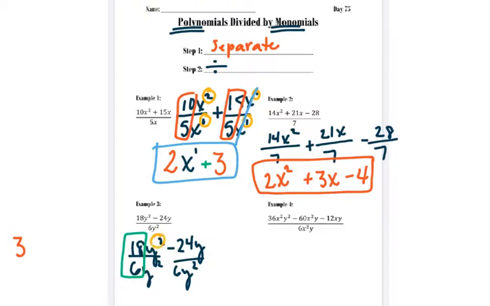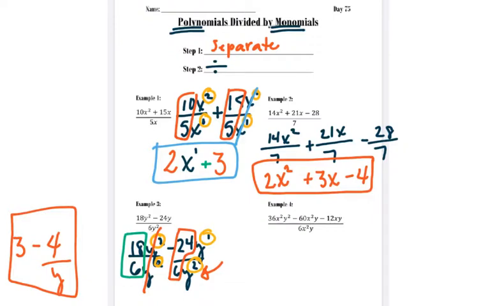These exponents are stacked, so we can subtract. 2 minus 2 is 0, so that's going to cancel that y. 24 divided by 6 is the number 4. When exponents are stacked, you subtract. 1 minus 2 leaves me with 1 on the bottom. It would give me a y on the bottom because there's more down here. So that would be a y on the bottom. So this is your final answer.